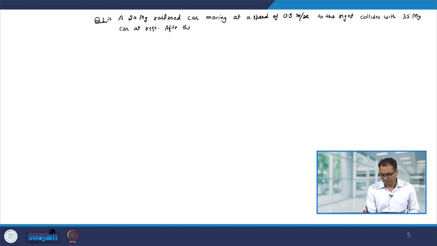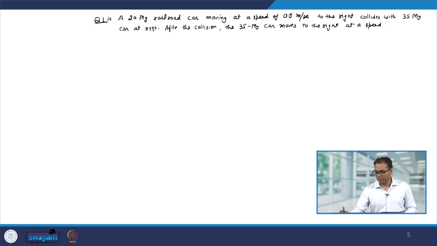After the collision, the 35 million gram car moves to the right at a speed of 0.3 meter per second.